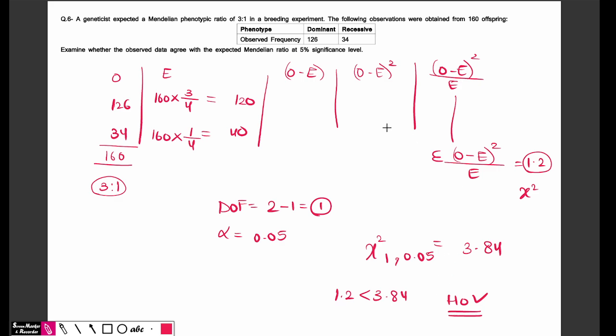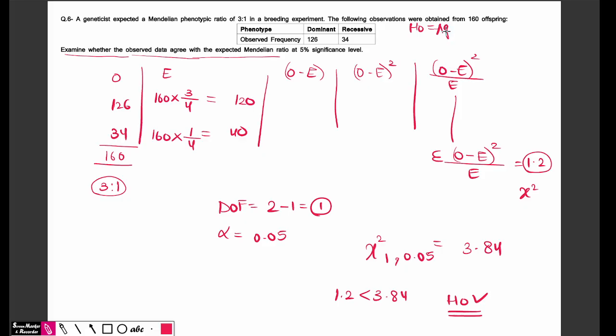So what should be the null hypothesis? You were supposed to examine whether the observed data agree with the Mendelian ratio. So the null hypothesis is that it should not agree, and the alternative hypothesis should be that it should agree. Okay, wait. It is just the reverse.